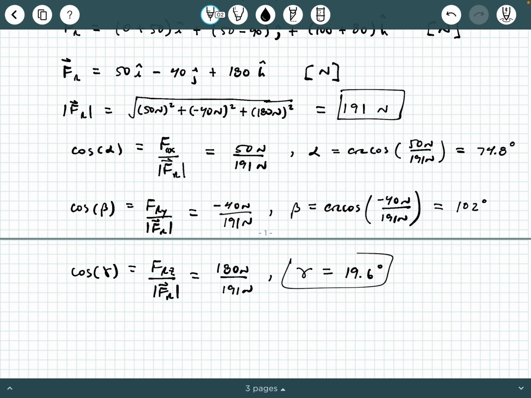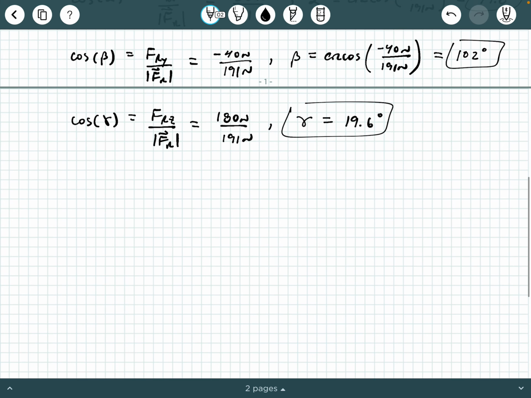So that is really all of our answers, and we're really done now, but I want to wrap this up in a nice little figure. I want to show what this total figure would look like. So let's use this as an opportunity to practice sketching our 3D vectors.